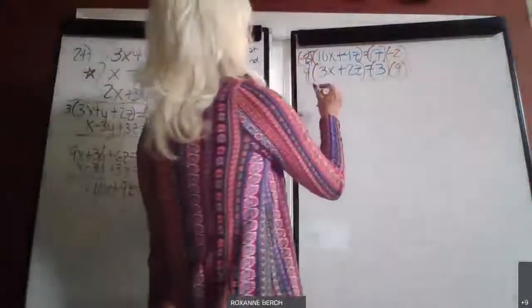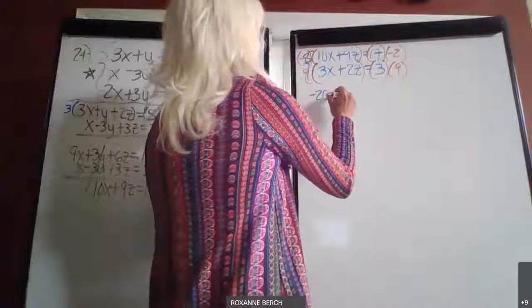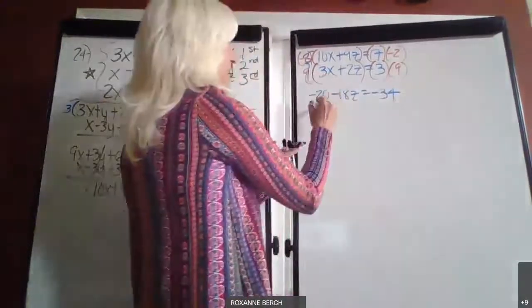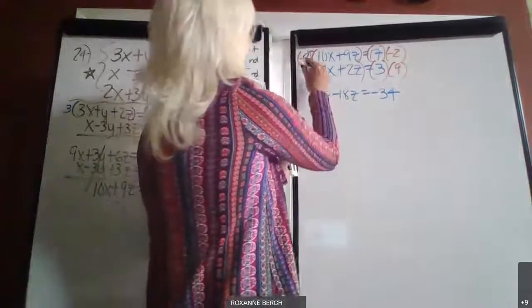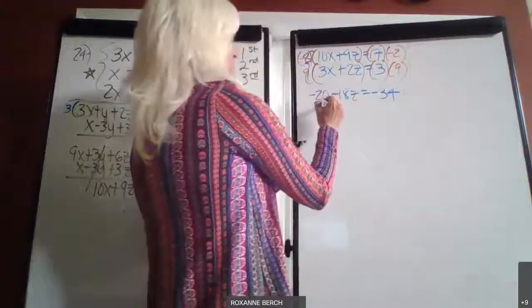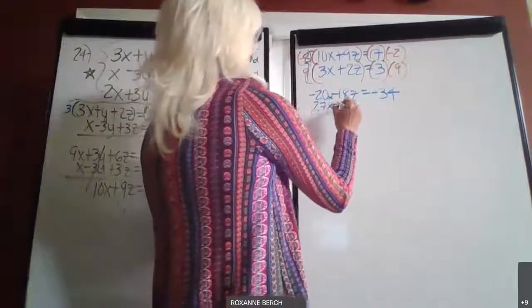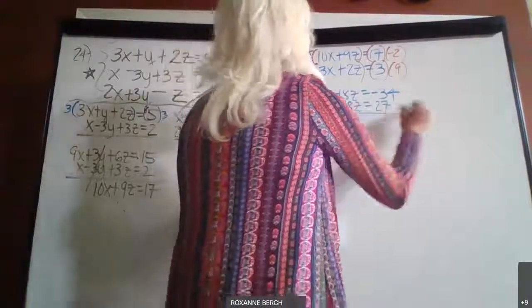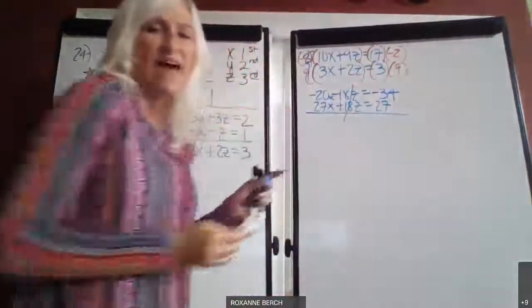So this is going to be -20x minus 18z equals -34. And on the bottom, we get 27x plus 18z equals 27. So see how I created that to eliminate?